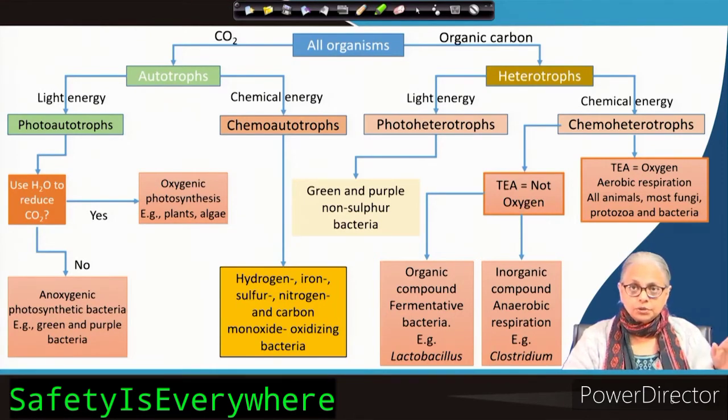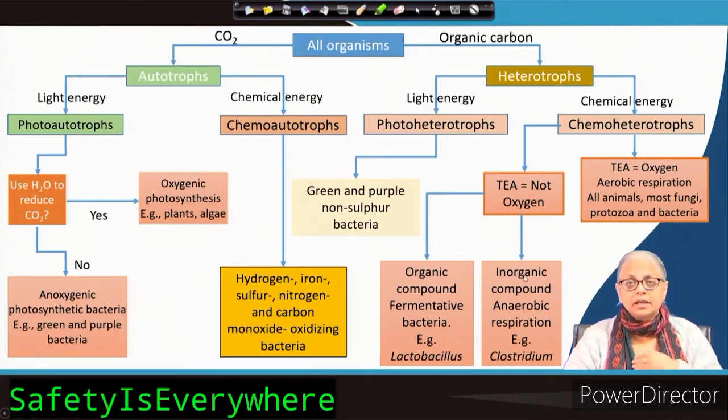Even if oxygen is not available, there are species of bacteria that have adapted themselves, or perhaps they come from more primitive conditions, whatever the reasons, they are capable of surviving without oxygen. So where you have no oxygen, there are two possibilities again. We have anaerobic respiration, where inorganic compounds serve as the terminal electron acceptor.